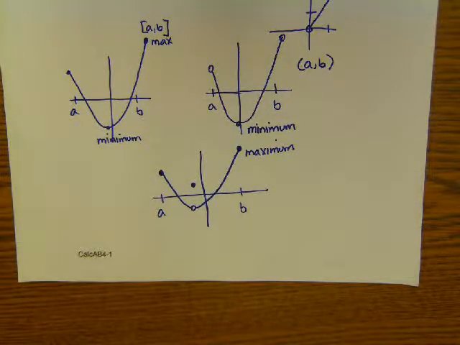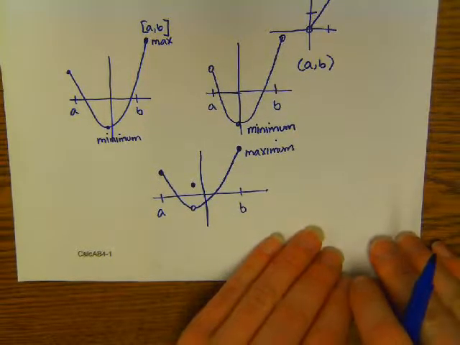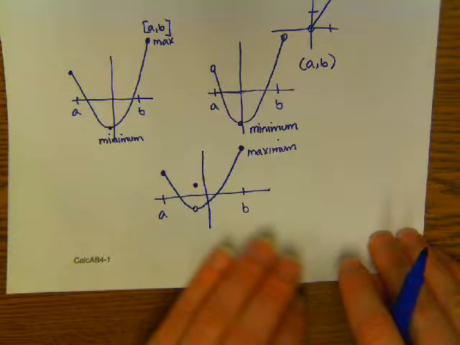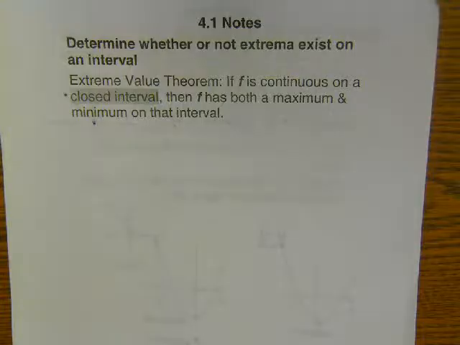Okay, so that brings up a good point. So now I'm going to go to the extreme value theorem. There's a couple things that have to be true in order to use it, and I hopefully demonstrated those to you. When you're checking today, I want you to make sure that you check for a couple of things.